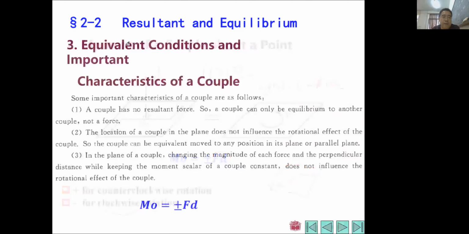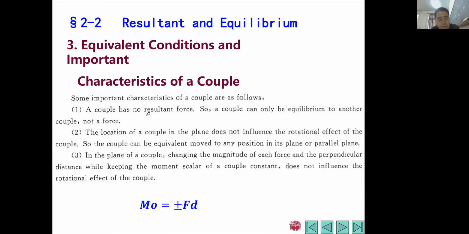There are very important things we should know when we talk about equilibrium conditions and important characteristics of a couple. So you guys pay attention here. Some important characteristics of a couple are as follows. There are three of them.